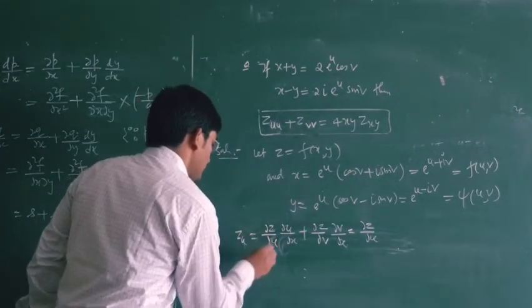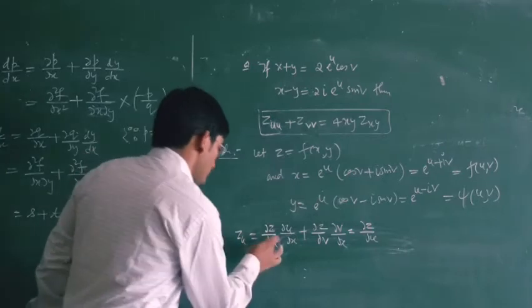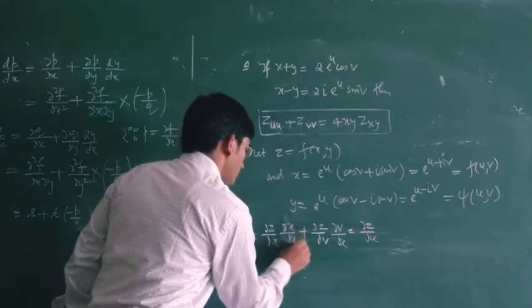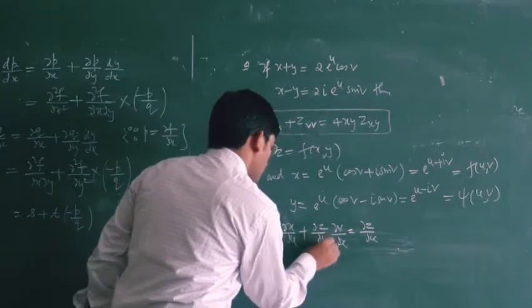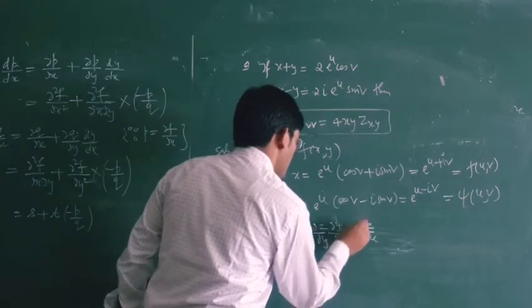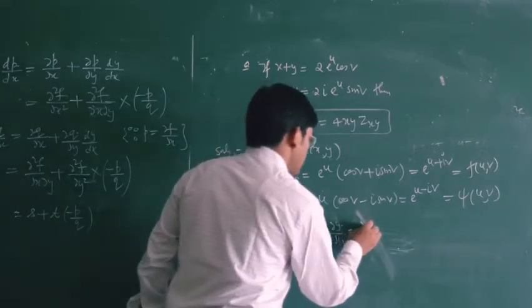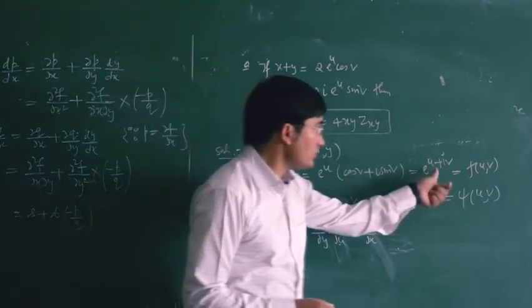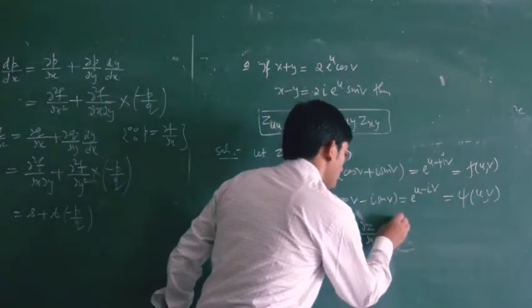So this is basically del z upon del u. So this is equal to del z upon del x and then del x upon del u, then we will have del z upon del y and then del y upon del u. So this is equal to del z upon del x. Then the partial differentiation of x with respect to u will be e to power u plus iv.